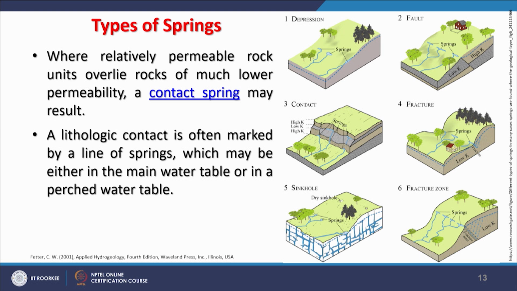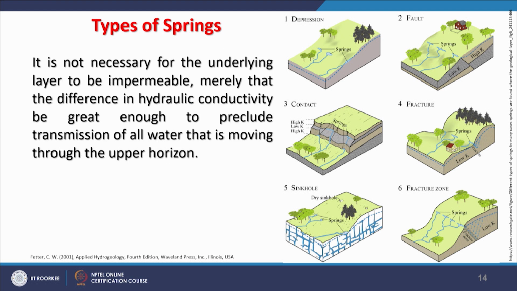A lithological contact is often marked by a line of springs, which may be either in the main water table or in a perched water table. So, that kind of contact springs are also seen in many parts of the Himalaya or in other hilly terrains also.